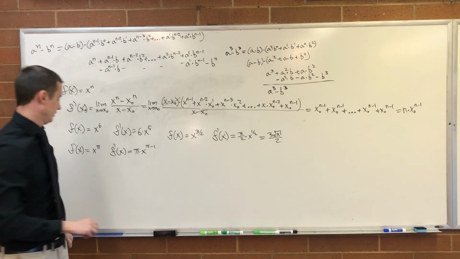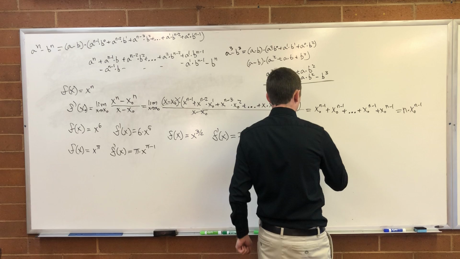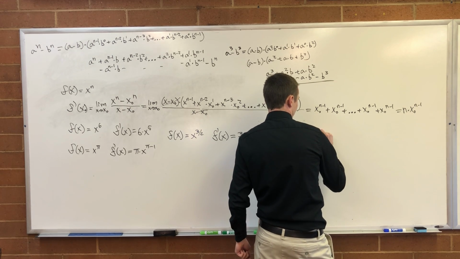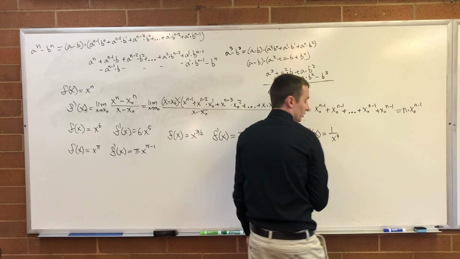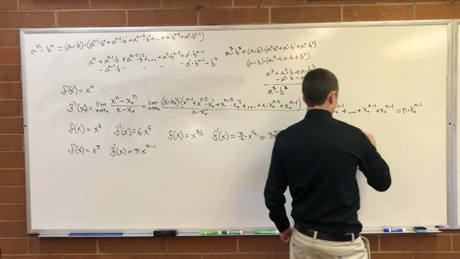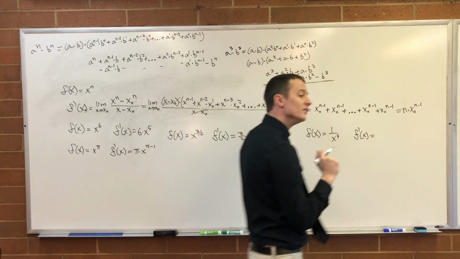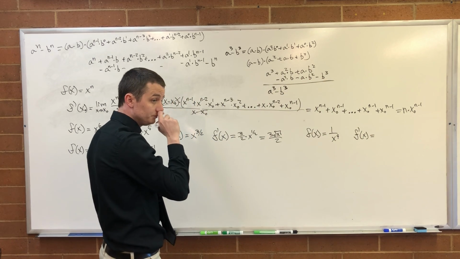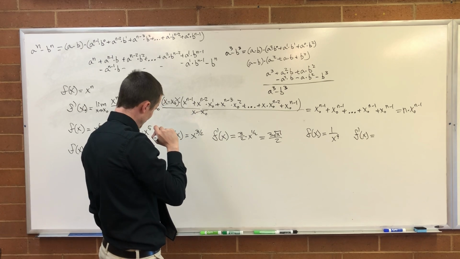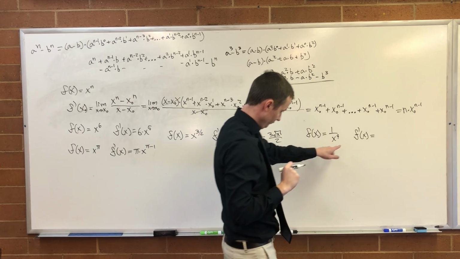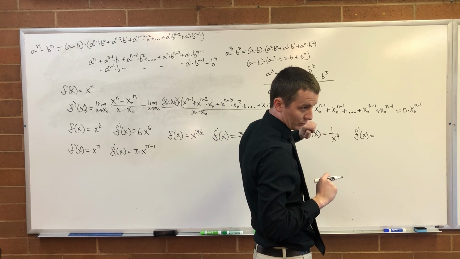Let's do one with negative exponents real quick. If f of x is equal to 1 over x to the 4, what's f prime of x? Just 1 over 4x to the 3? No. So we have to get this in the numerator to apply our rule.